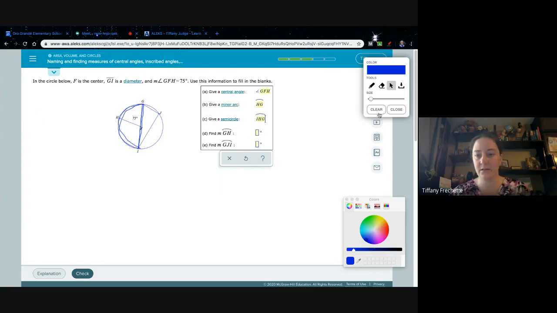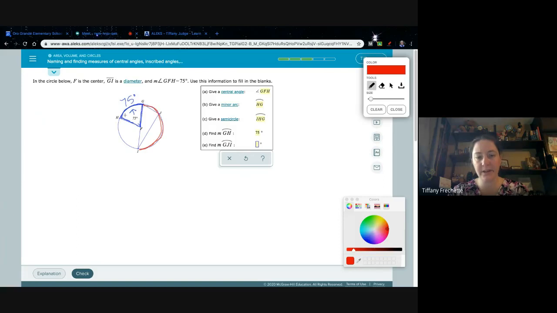IHG. Clear. Okay, so let's go ahead and find arc GH here. We have the central angle, because remember, this is the angle that's created. So if I know the central angle, I know the arc. The arc is 75 degrees. And let's look. Now they want GJI.